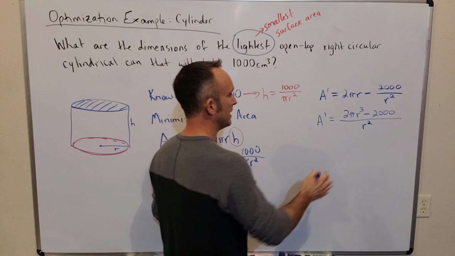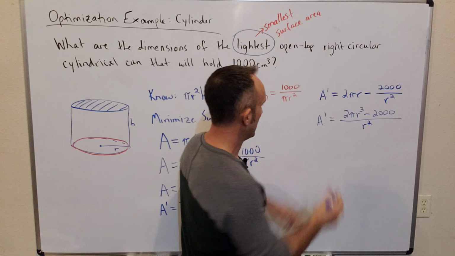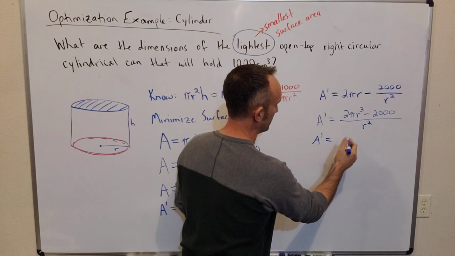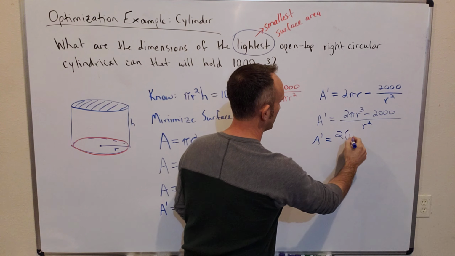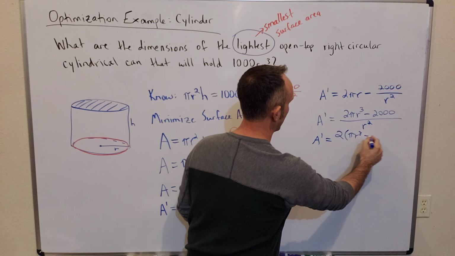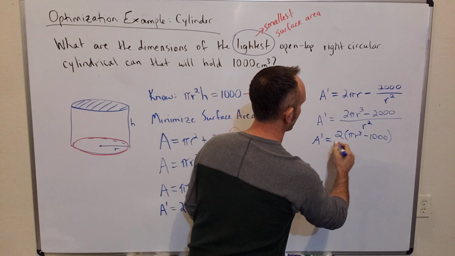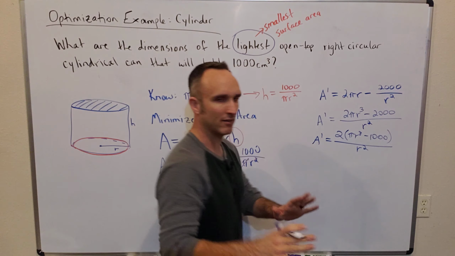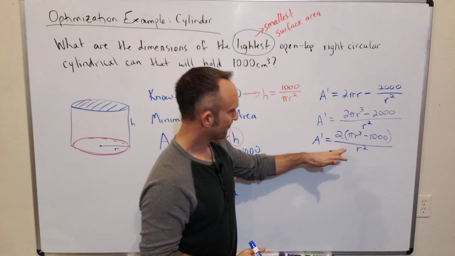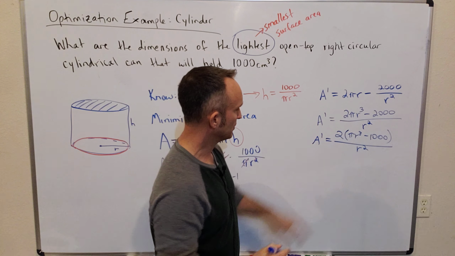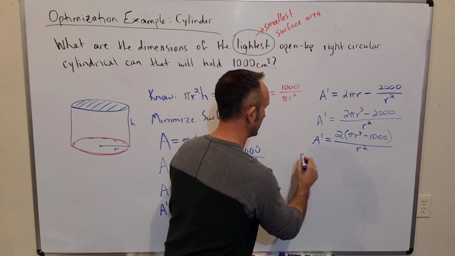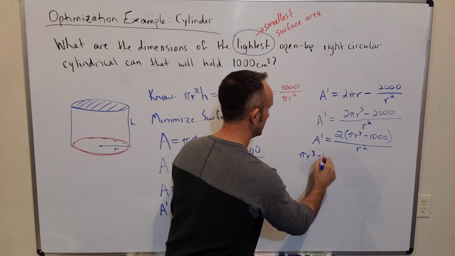Okay, so in fact, it may help to factor out a 2 on the top, if you like that. It's always a good idea to factor there if you can. All right, so we have this. Now, if I want this to equal 0, the numerator would have to equal 0.